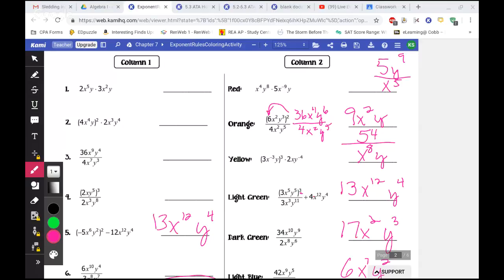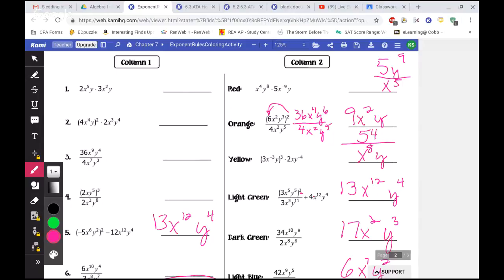Okay. So the basic thing is that the integers, which are your numbers, are going to be handled the same exact way. If they're being multiplied, you multiply them. If they're being divided, you divide them. When it is a power to a power, like x squared raised to the power of 3, then you multiply the exponents.